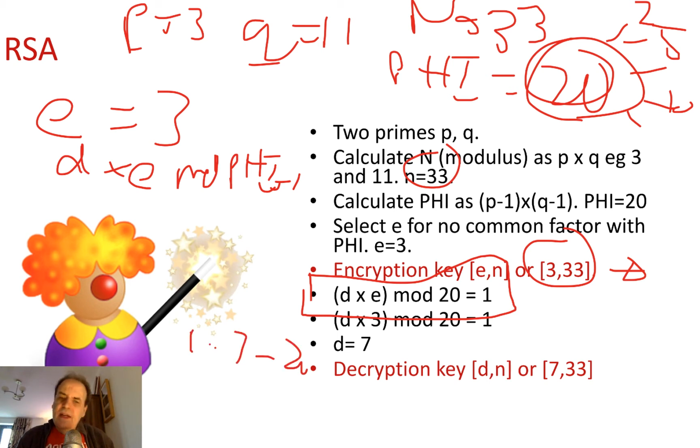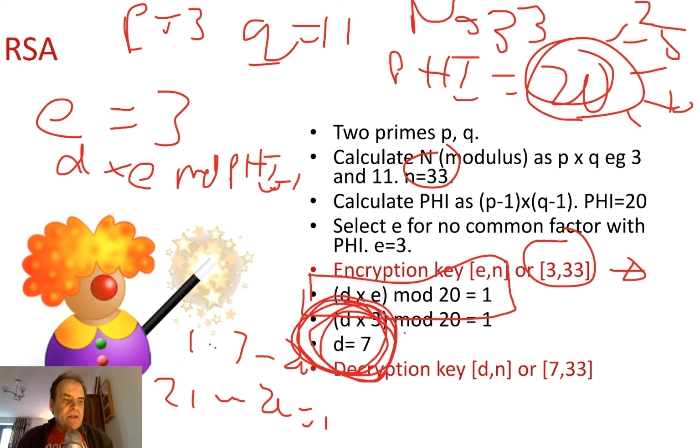That doesn't work. 2, 3, 4, 5, 6 gives us 18, mod 20 gives us 18. And then if we try 7 times 3, that is 21, mod 20 is equal to 1. So our decryption key becomes 7, or one of our decryption keys can be 7. So our decryption key, or our private key, is now 7, 33.